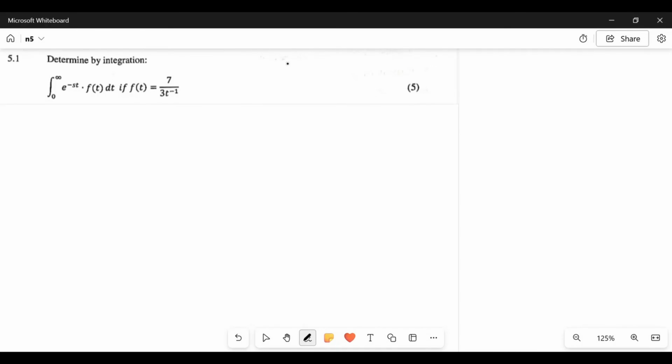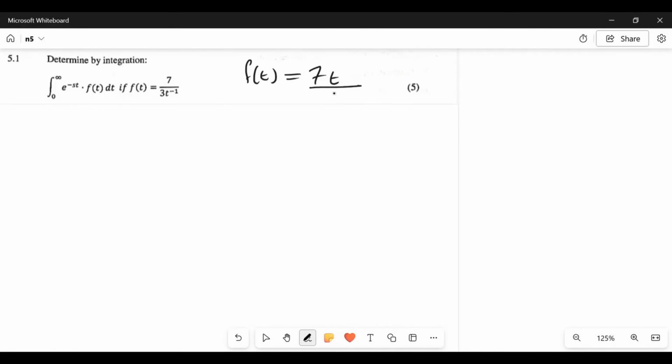Right, there's something that we need to do here first before we do anything else. We know that our f of t is given to us as this one here. We can rewrite it like this: 7, instead of writing t to the power of negative 1 on the denominator, we can write t on the numerator. If we take the base, which is t, to the numerator, the sign of the exponent will change and become positive.